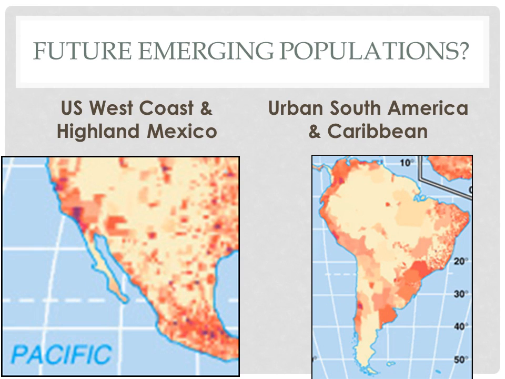Because things are going to continue to change. Countries and populations are going to continue to grow. So these are two that maybe we could keep an eye on over the next few decades and see how they continue to grow. So we have the United States West Coast and Highland Mexico as one of those. And then we also have urban South America and the Caribbean.